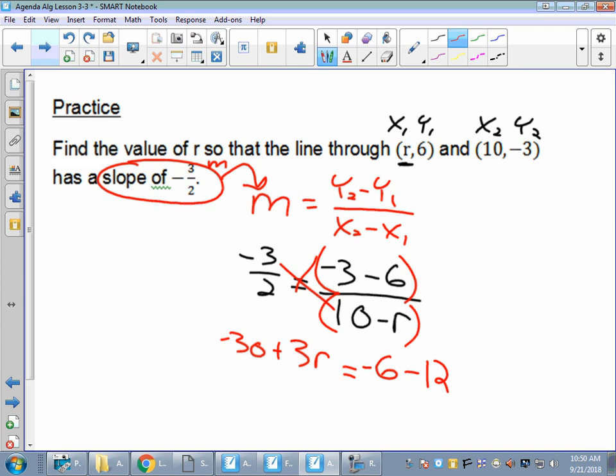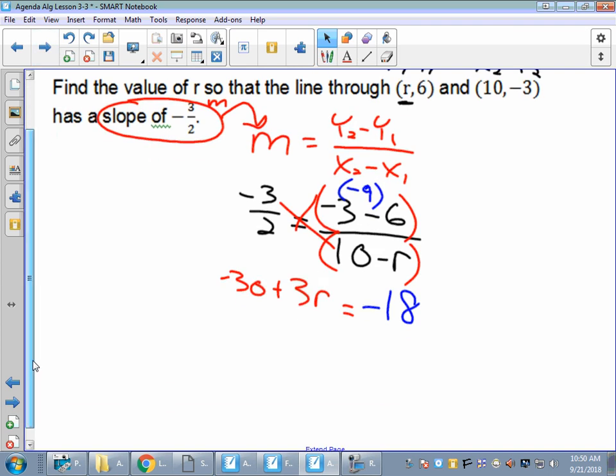Then we can combine those to be -18. One faster way would be to do the math in parentheses first. What's -3 and -6? That's going to be -9 in here, and then -9 times 2 is -18. So either way, whatever works best for you. Probably doing the math in there first makes it a lot easier.